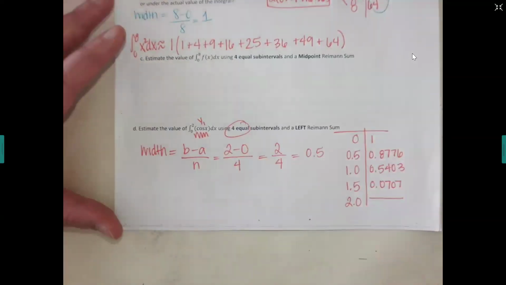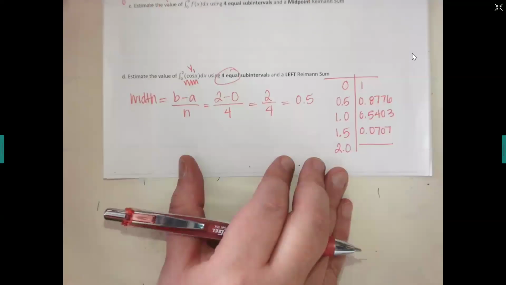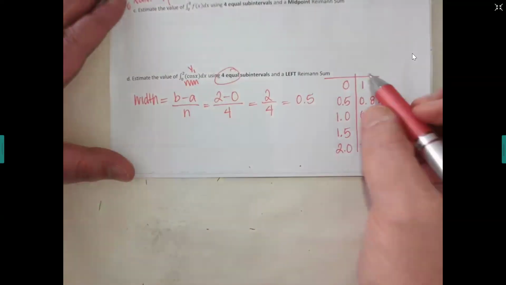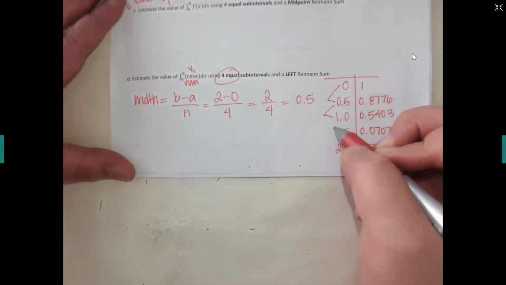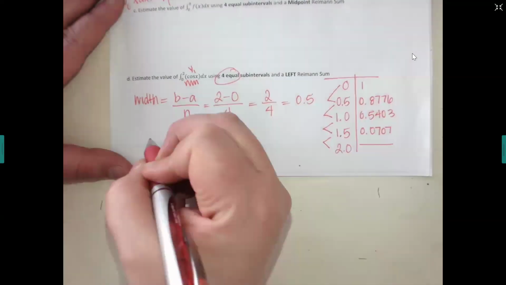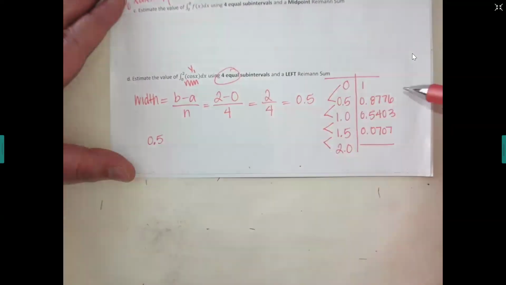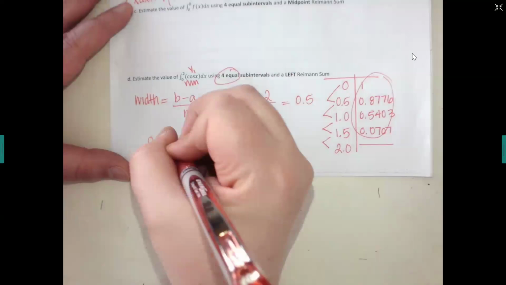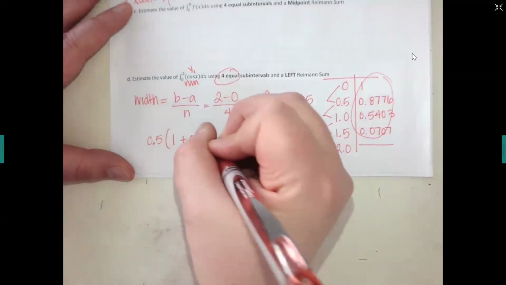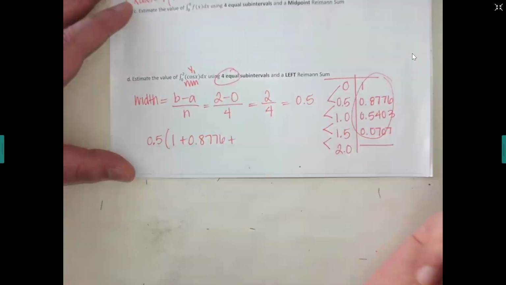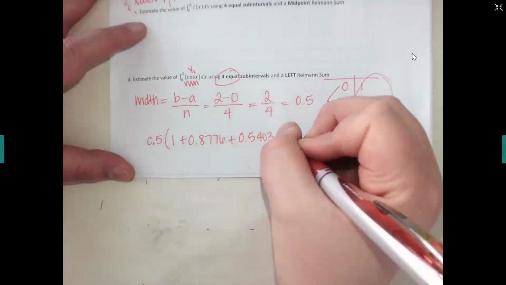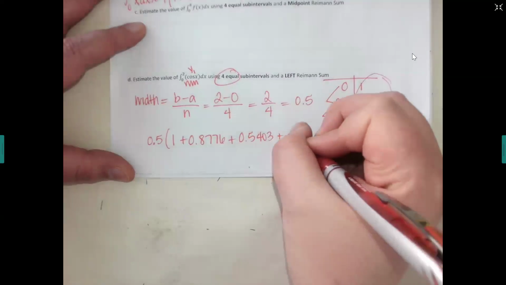Okay. Then from there, I'm going to put my width in the front. What is my width every time? 1/2 or 0.5. And then I'm going to add up all of the y values except the last one because it's a left. So it'd be 1 plus 0.8776, 0.5403 and 0.0707.